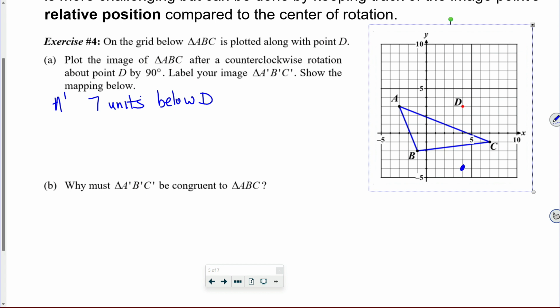It's going to be at the point 4, comma, negative 4. So A prime is going to be at 4, comma, negative 4.